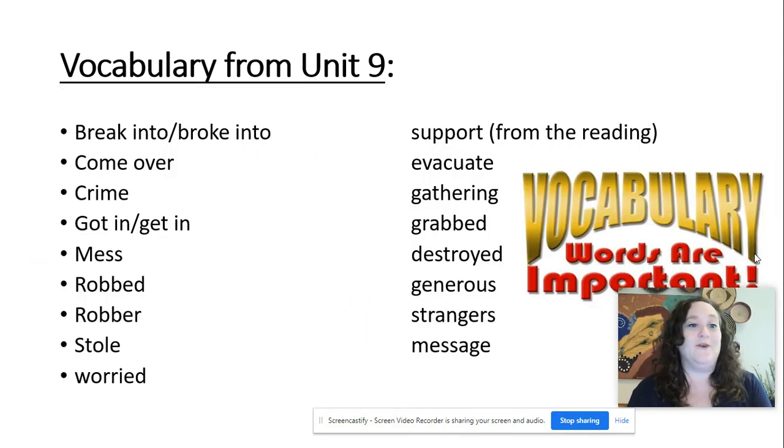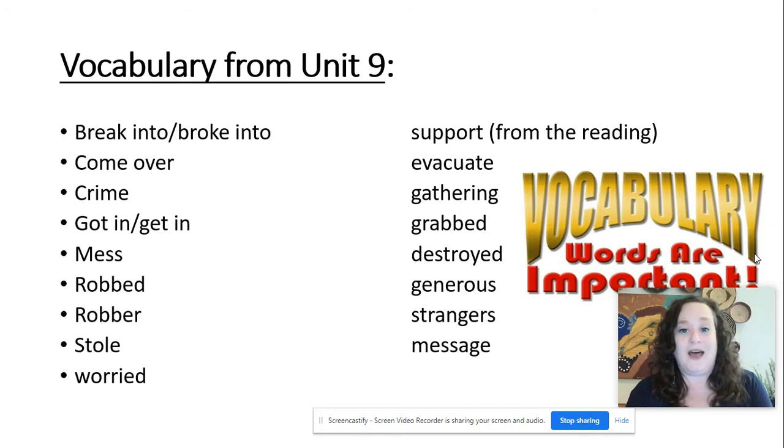Okay, so here we have new words. On the left side of your screen, these are words from exercise A, which we will look at in segment 2 today. These are from the listening exercise.